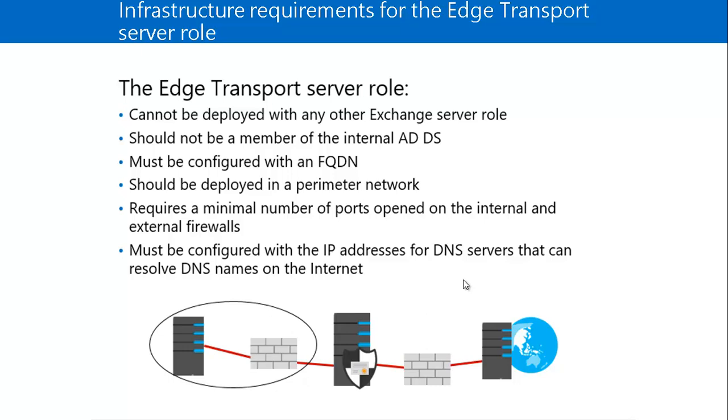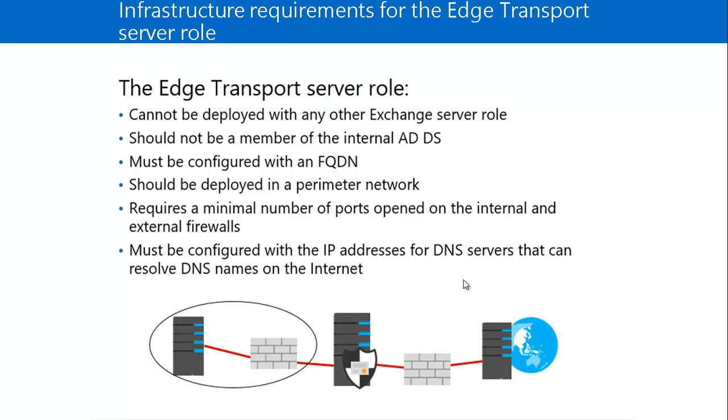You should deploy the Edge Transport Server role on a perimeter network to ensure network isolation from both the internal network and the internal Exchange server. This configuration provides a higher level of security for the rest of the Exchange server organization, which should be located behind the firewall on a separate internal network.